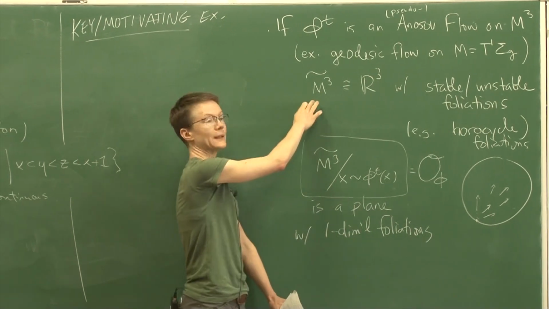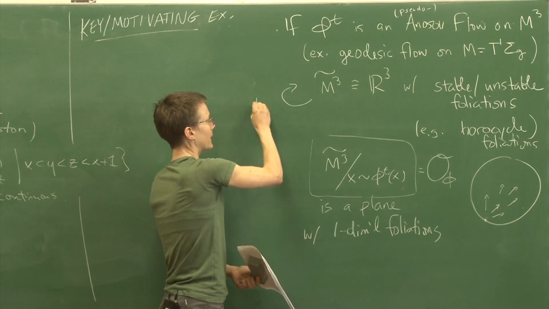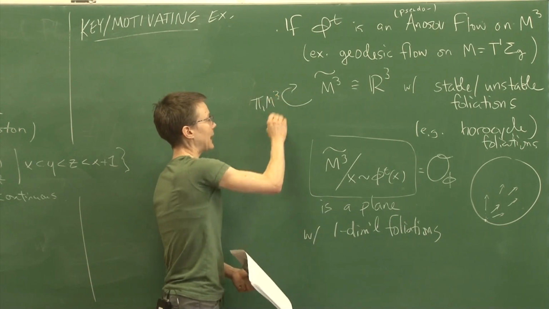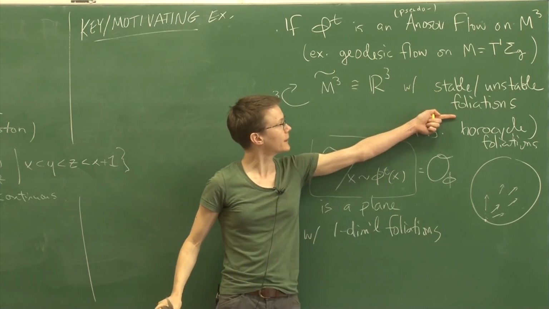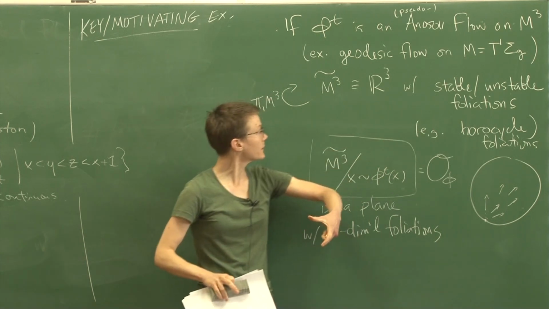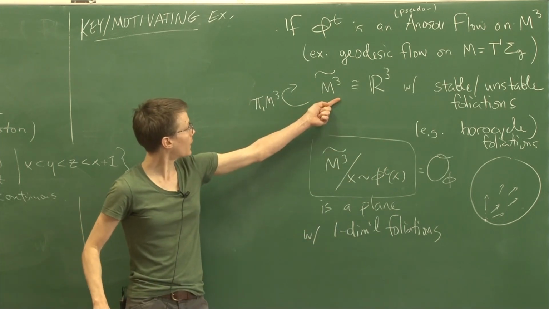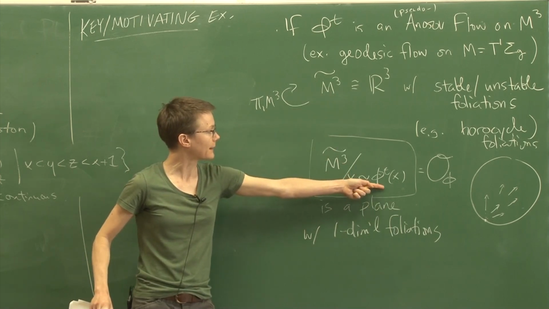Well, first I can look at the universal cover. The fundamental group of your manifold acts on its universal cover, preserving these stable, unstable foliations because they came from lifting something down on your manifold downstairs. So that works. My flow also was something that was lifted.